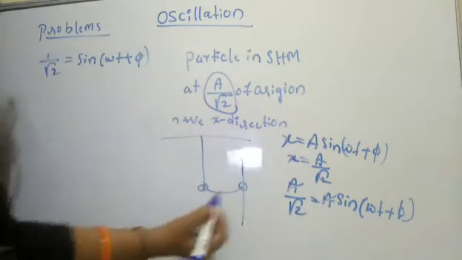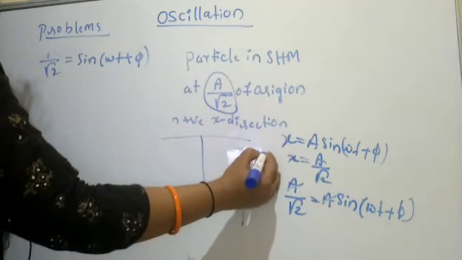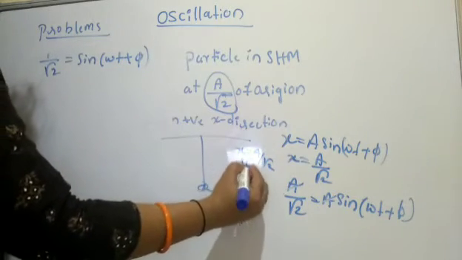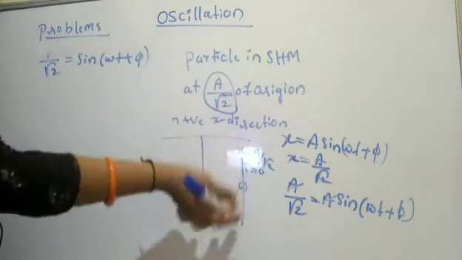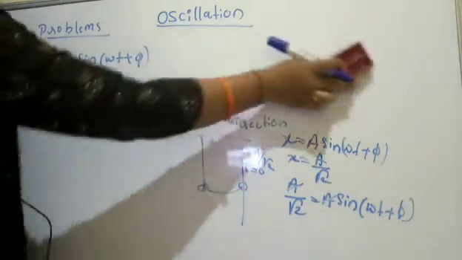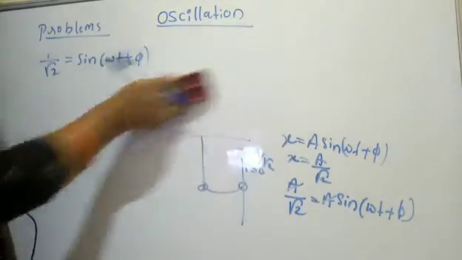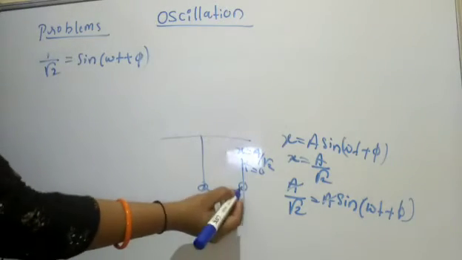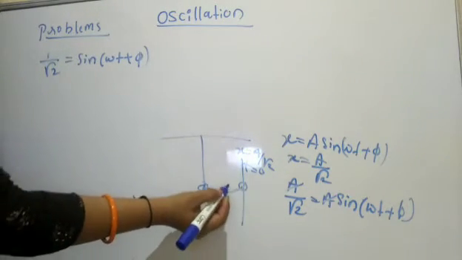Next, suddenly I have erased something. Let me go ahead with the a by root 2 here, at the time t equal to 0, because this is the initial position of the particle where it started executing the simple harmonic motion, right? So look at this part.